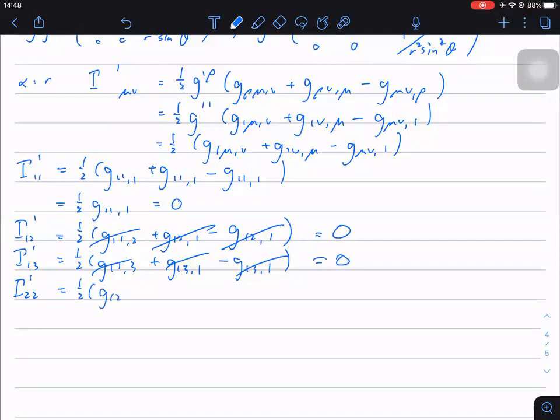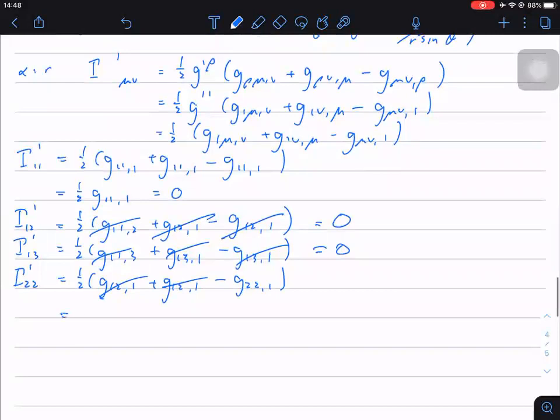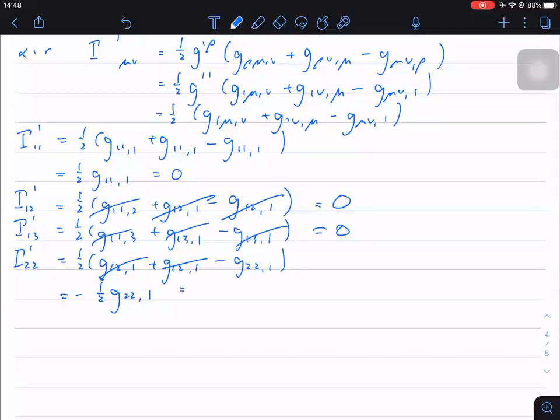We have 1, 2, 1, and this time these two terms are 0, but the last term is not 0. Because G22 is R squared, taking the partial derivative with respect to R, we have minus R here.